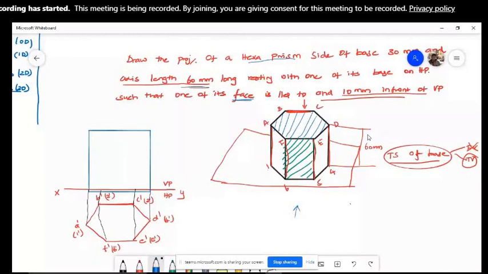Visible. 6F? Yes, sir. Visible. 5E? Yes, sir. Visible. 4D? Yes, sir. Visible. Okay. So these 4 lines are visible, right? So these 4 lines you need to mark something like this.